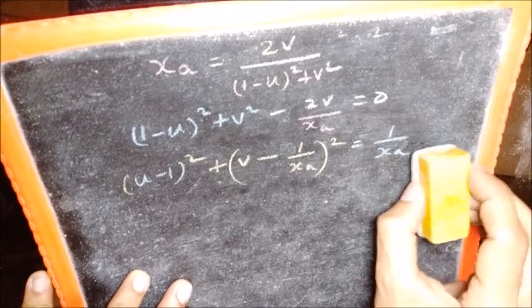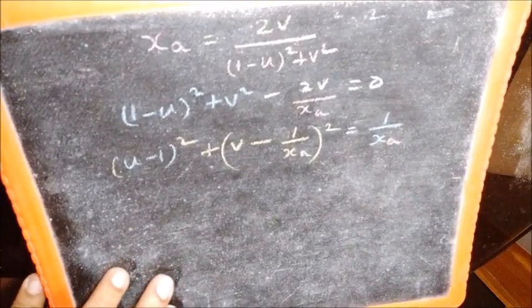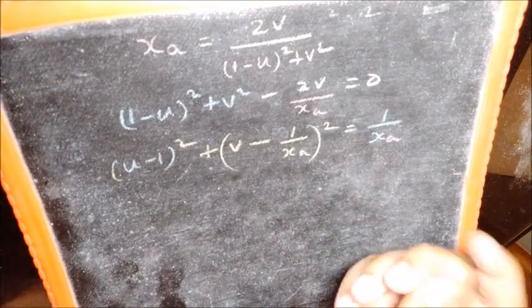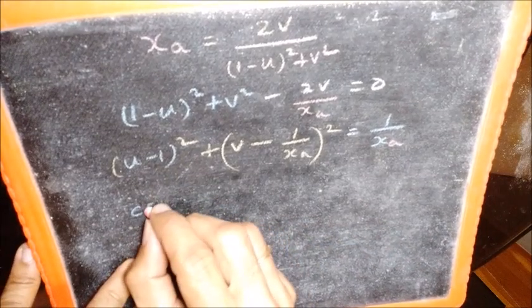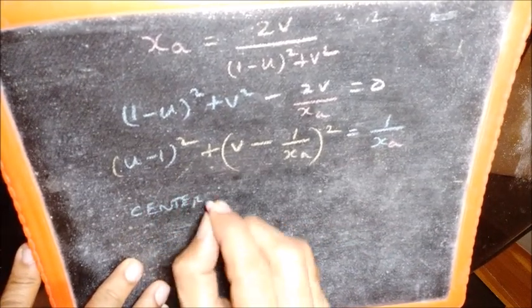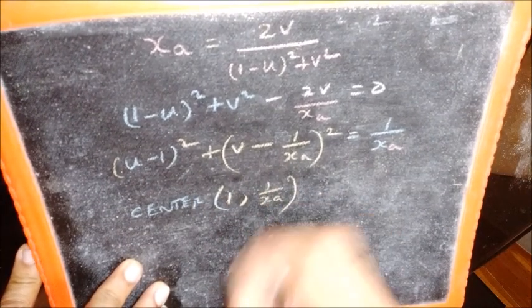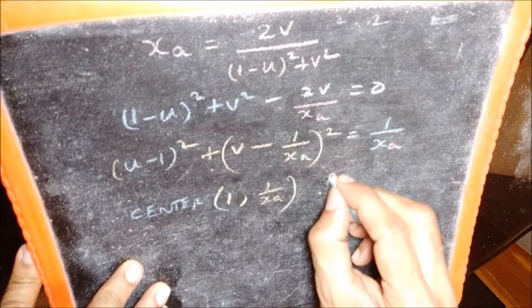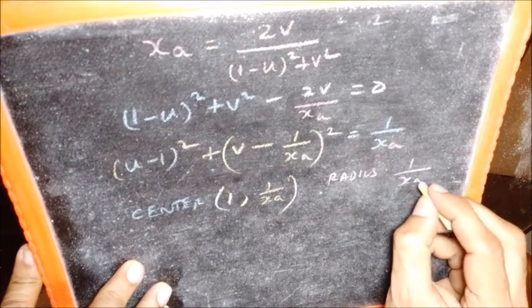I get the equation for another circle on the UV plane, or the set of U and V axis. We get another circle, center at 1 by xa, and radius 1 by xa.